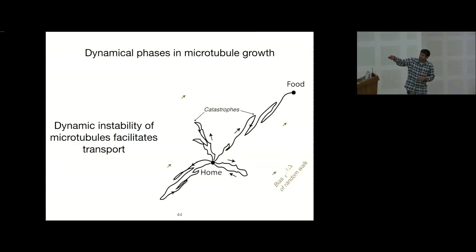So this is about food, but microtubules use similar mechanisms to find cargo in cells. E. coli uses this run and tumble kind of motion to find food. And so you can have this unbounded motion, and then you can have these catastrophes that bring you down. And having a combination of these two allows you to search very efficiently for food.